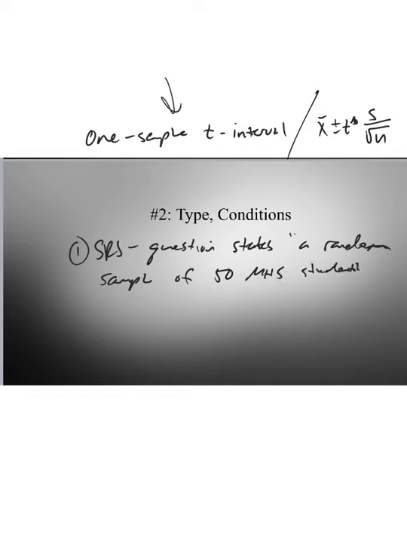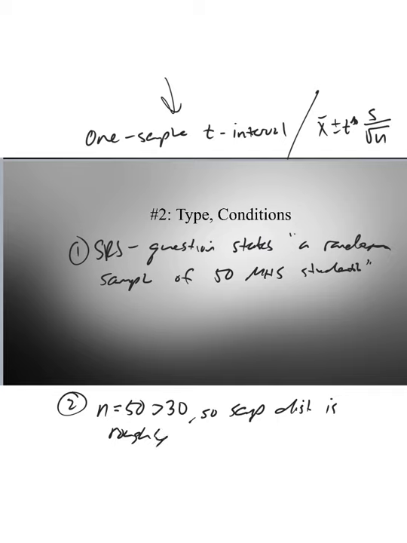So you're literally quoting the question in that situation, and that's how you verify the random sample. The second condition is about having a roughly normal sampling distribution. So in this problem, n equals 50, which is greater than 30, of course. So the sampling distribution is roughly normal.